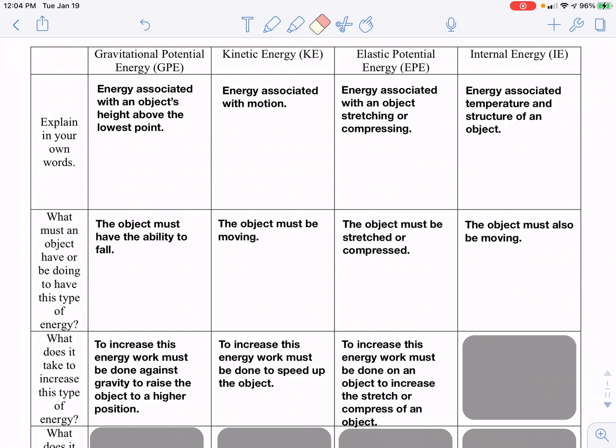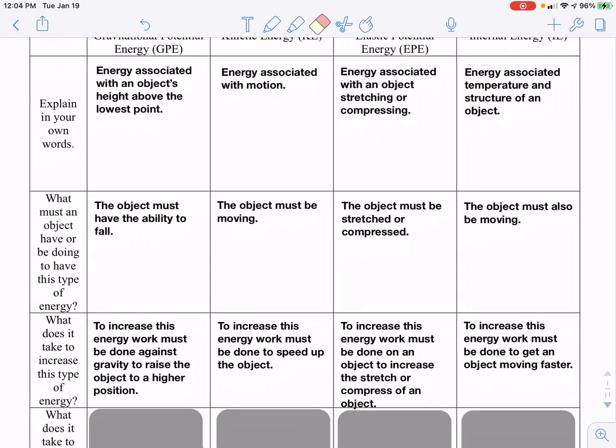Elastic potential energy? Well, work must be done in order to increase the stretch or increase the compress of the object. And what does it take to increase the internal energy? Make an object go faster. The faster it goes, the higher the temperature, the higher the internal energy.